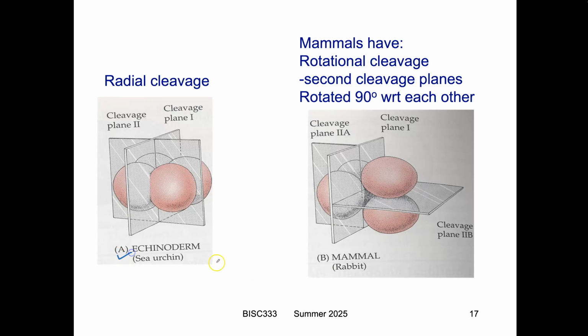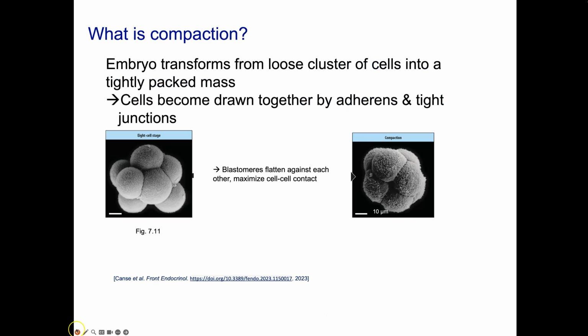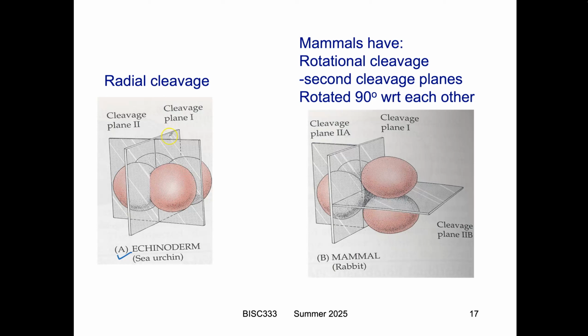So for the echinoderm, remember, I mentioned that we have radial cleavage. What that means is that all the cells divide on the same plane, and it is at right angles to the previous one. The first division divides the cell into two cells, and then the second one goes this way, and they both divide with the same axis, and that gives us four cells.